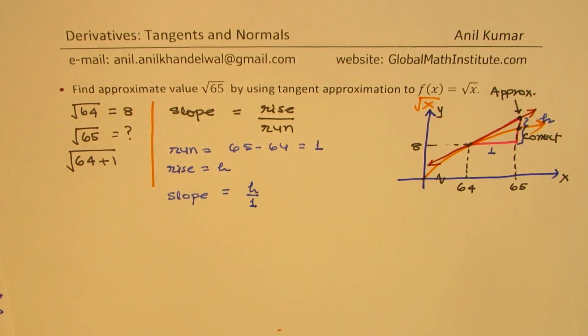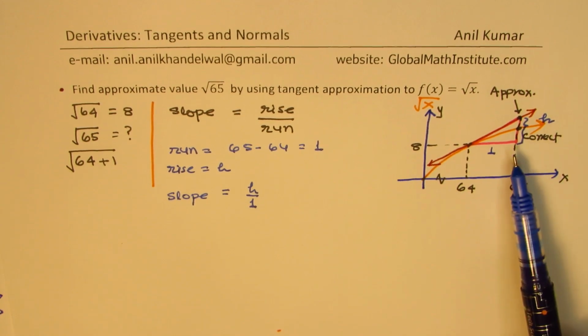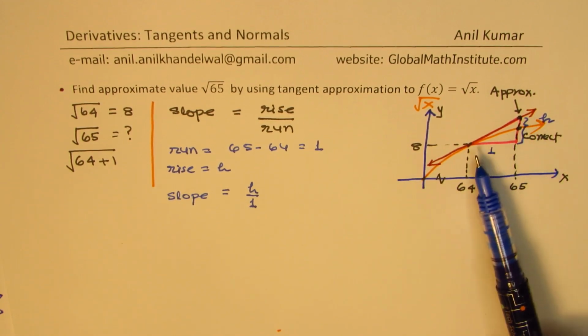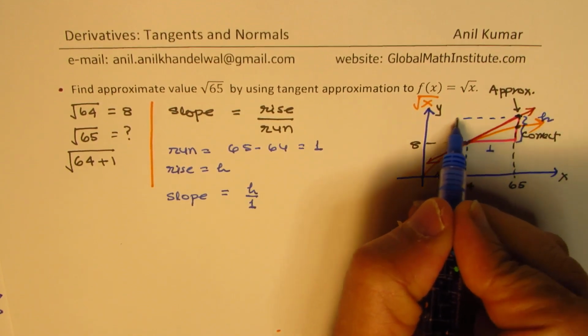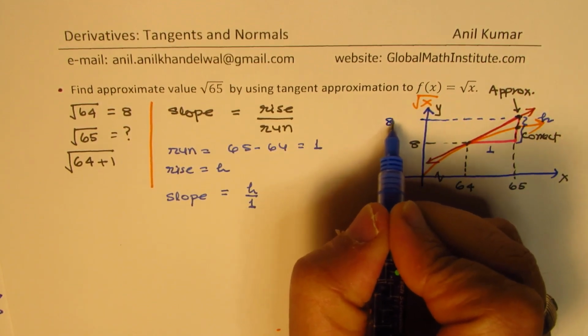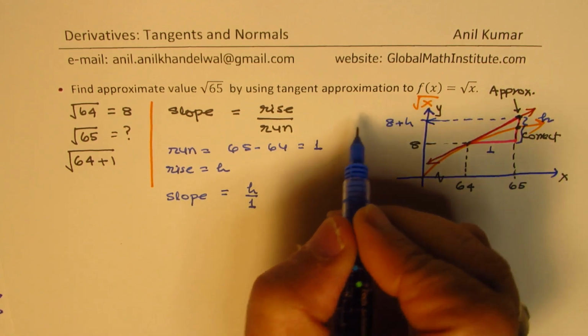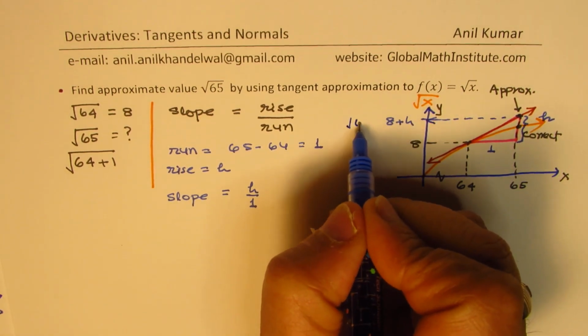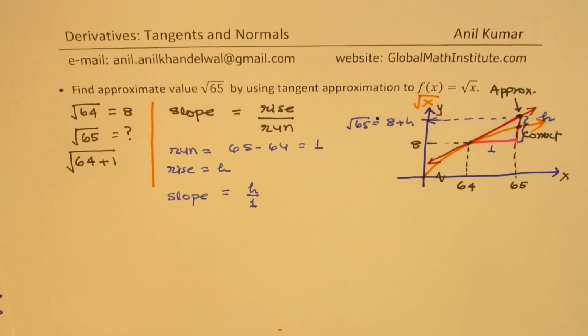Do you get the idea? So in our case, the slope is basically indicative of the value h we could add to the original value 8, right? So once we add this value h, we get 8 plus h as our answer. Do you see that? So this is actually square root of 65, approximately. Does that make sense to you?